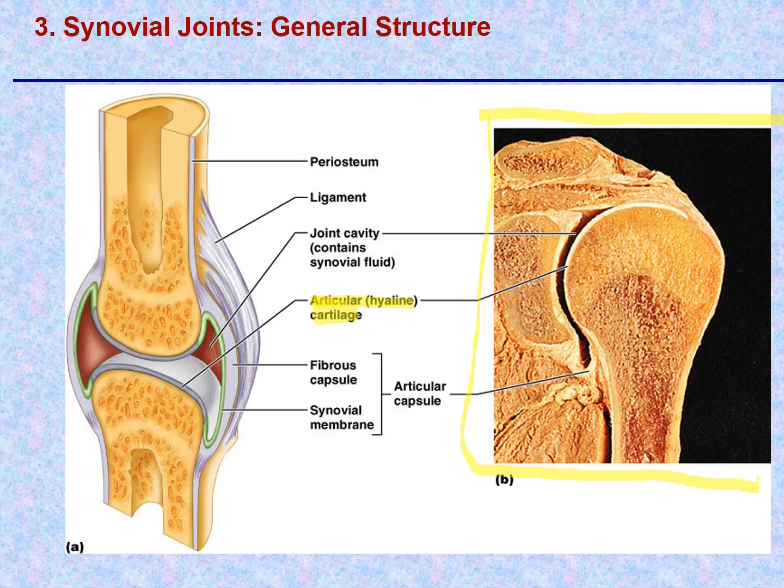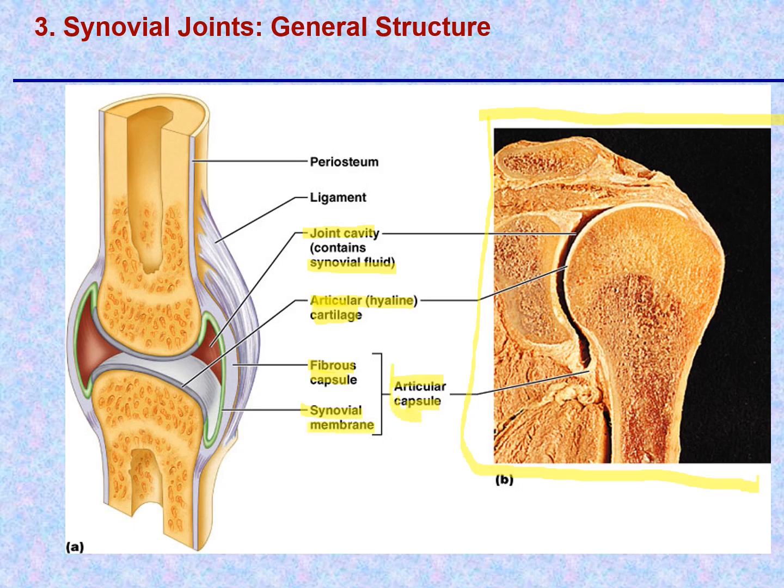There is a joint cavity containing synovial fluid. There is also a surrounding articular capsule. The surrounding capsule has a fibrous exterior capsule, and then on the inner surface of the joint cavity there's what's called a synovial membrane.